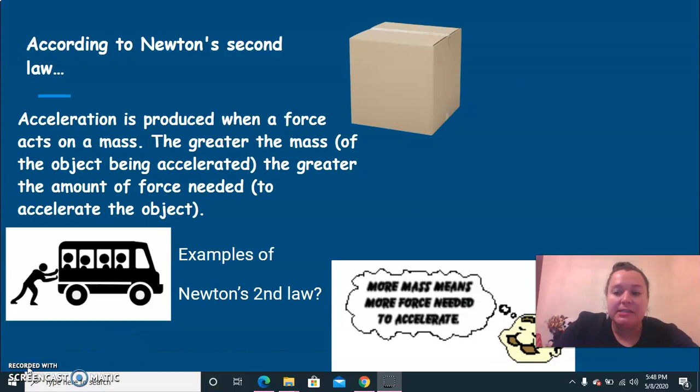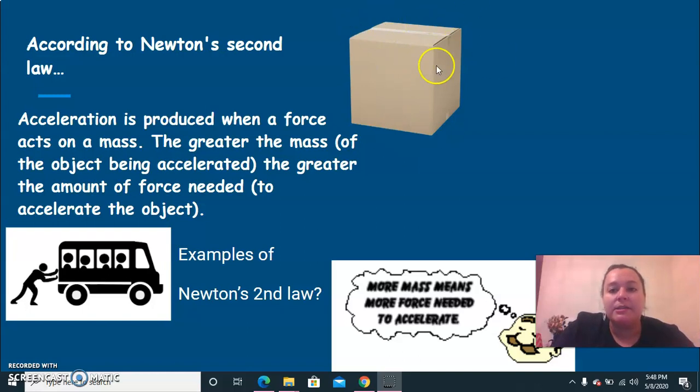So if you think of an example of this one, let's say you see a mystery box in your room, okay? You see that the box is closed off and you go over there to pick it up so you can move it across the room. Well, when you go to pick up the box, you may expect it to weigh a certain amount. So when you go to pick it up, you anticipate it, so that's how much force you use.